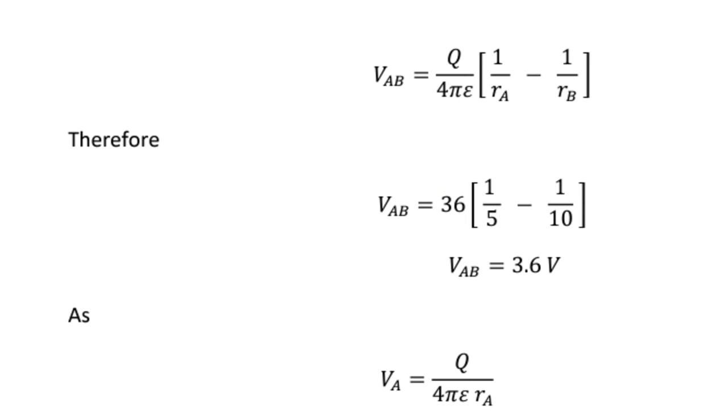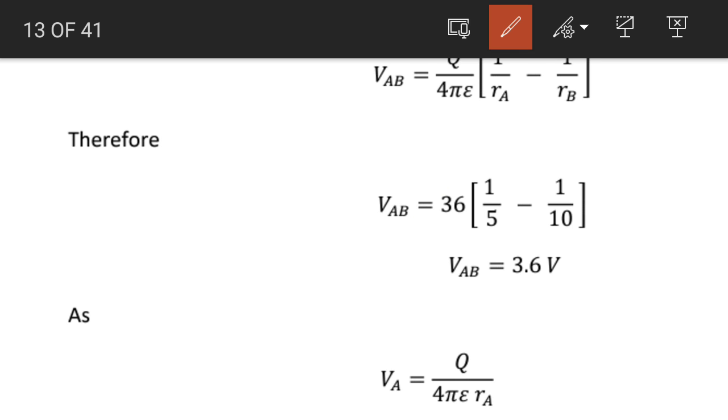We put the values in the first equation, so we will get 36 into 1 over 5 minus 1 over 10, and the voltage between point A and B due to the given source will be 3.6 volt.